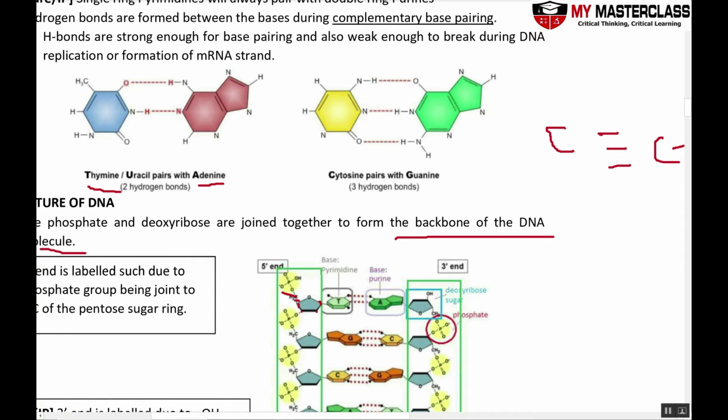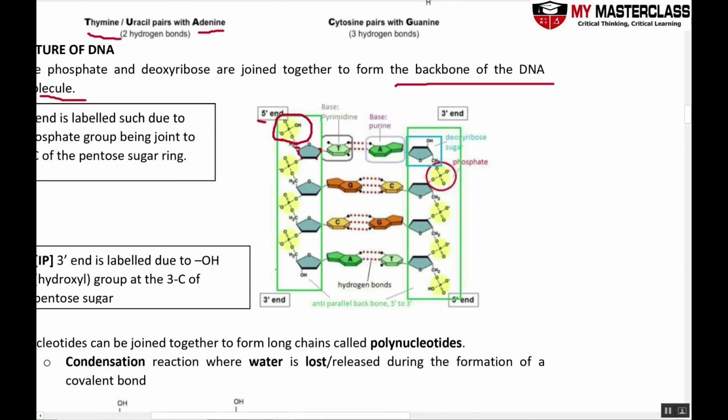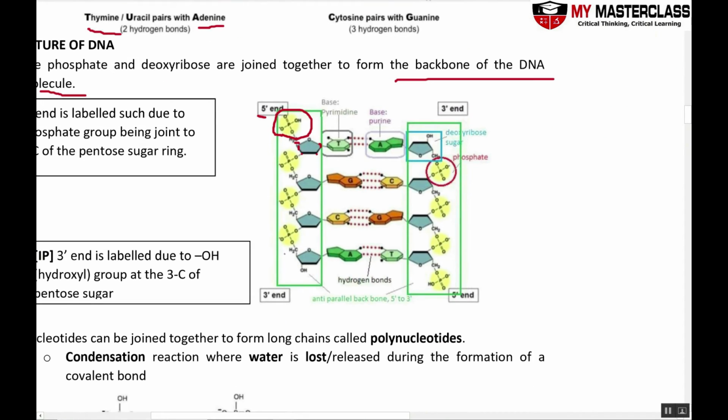In this area, the phosphate group is bonded covalently with the fifth carbon, and therefore we call it the 5' end. So the 5' end means this part is bonded covalently with the fifth carbon of the pentose sugar. The 3' end is because here I have the first carbon, second carbon, and it ended off with the third carbon, and therefore it is the 3' end.